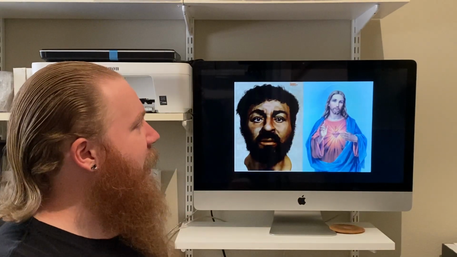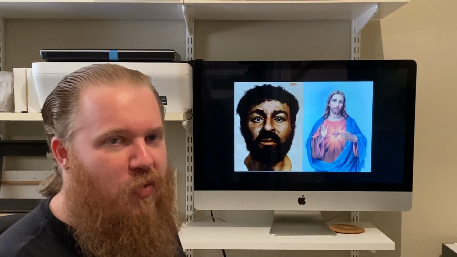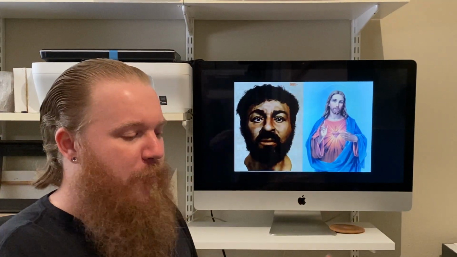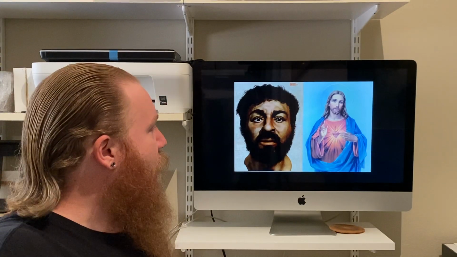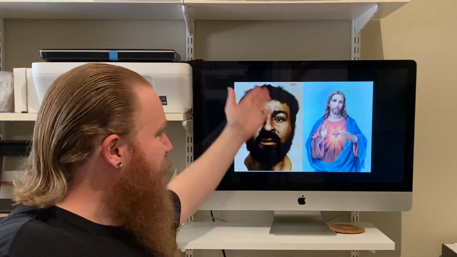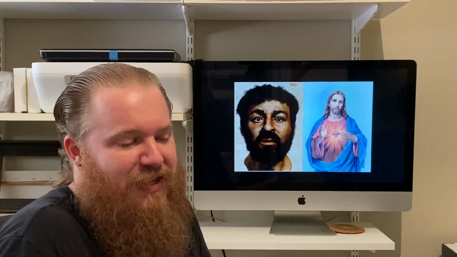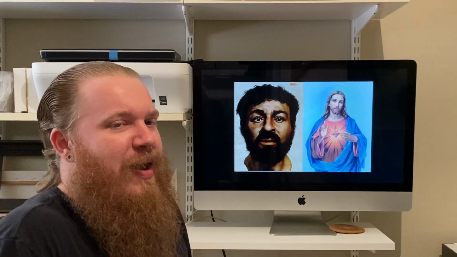Conversely, on the right, we have our very blonde, blue-eyed Jesus from American evangelicalism and everything like that. Now, obviously, Jesus would have lived in the Middle East in ancient times.